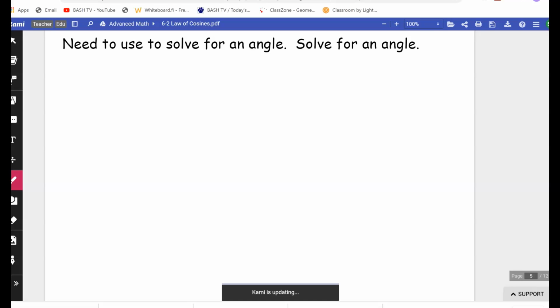So I'm going to take this formula, the first one, and I'm going to solve for cosine A, not for A itself, but cosine A. The first thing I would do is subtract B squared and subtract C squared.